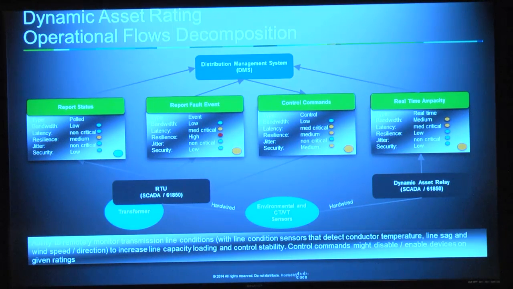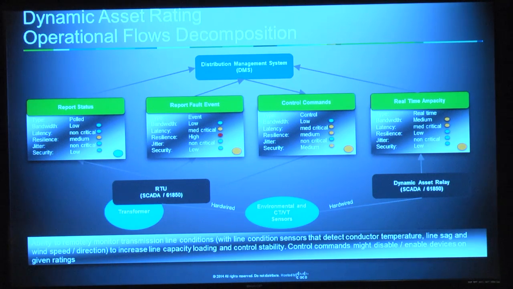So what we've done, to understand those flows and understand the requirements from a communications perspective to what would need to take place, is we've looked at the individual message types that have occurred between the RTU, the sensors, the relay, and the DMS system. And if you break it down, you can see there that the RTU associated with the transformer is hardwired into the sensors, which is how it was set up in the field, hardwired into the relay.